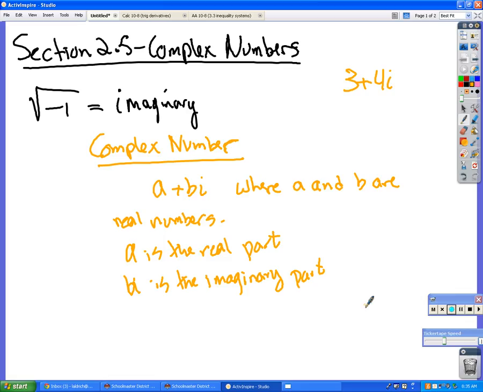It is one number made up of two separate parts, a real part and an imaginary part. And so obviously, for this example right here, what's the real part? 3. And what's the imaginary part? 4i.